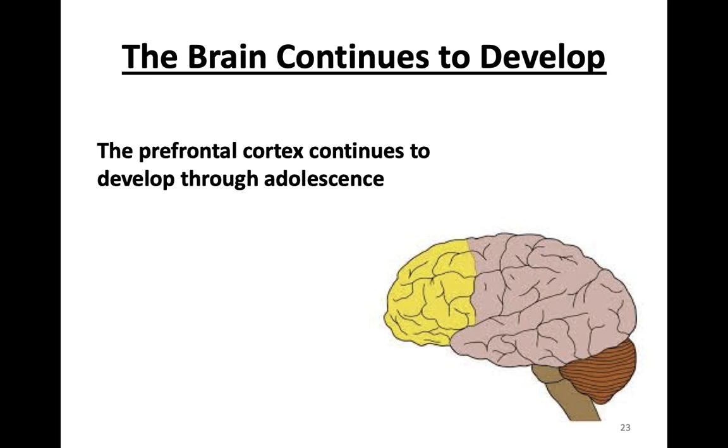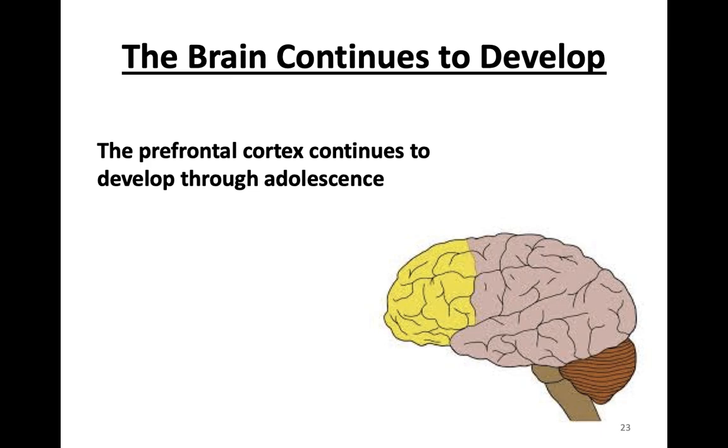For those of you that want to go into early childhood education, for those of you that are parents, I think it is instructive to think about this: it's not really until adolescence that the prefrontal cortex is fully developed. And so we can only expect so much of kids.